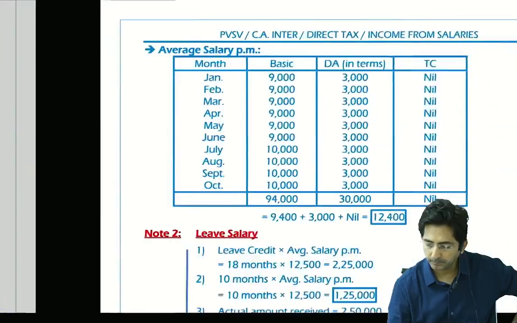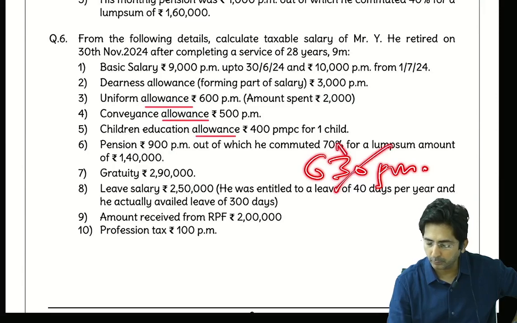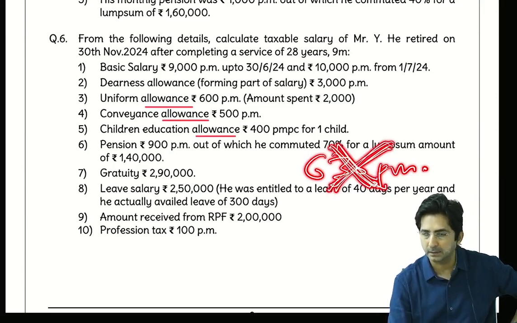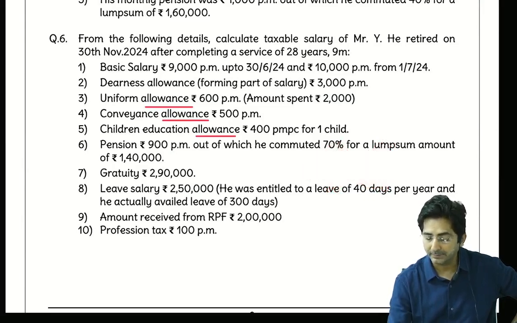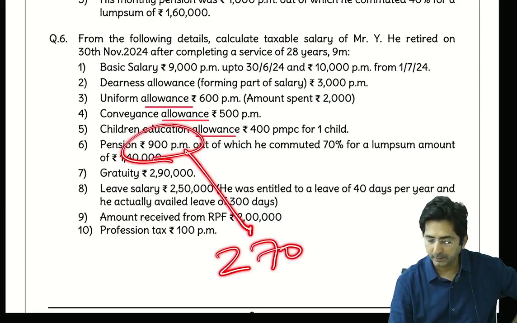So see here, so tell me how much is commuted 70%. So that comes to 630, but that 630 per month will remain per month or it will be cancelled? Cancelled. Commuted means per month figure gets cancelled, you get lump sum. But that is 70%. But balance 30% is 270 per month.